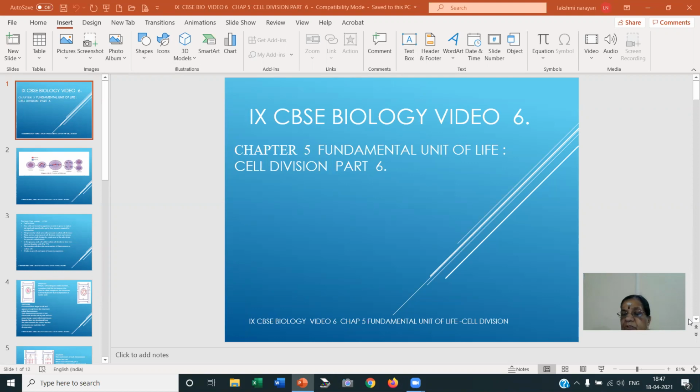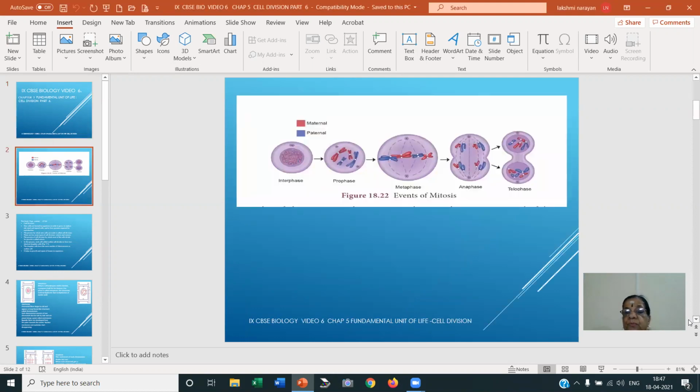Now, as we learned in the previous session, we have 3 types of cell division: amitosis, mitosis, and meiosis. Amitosis is a direct cell division, mitosis is an indirect cell division, and meiosis is a reduction division.